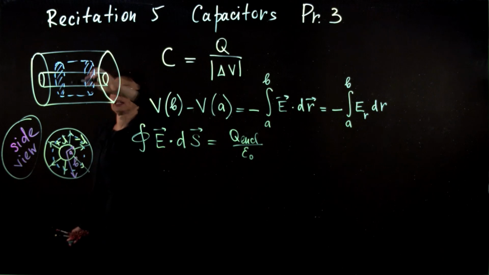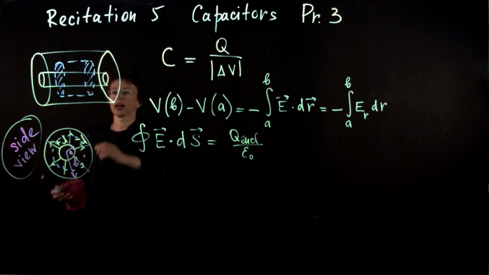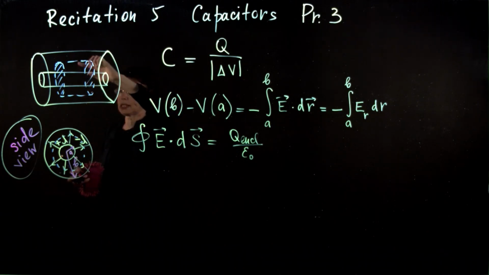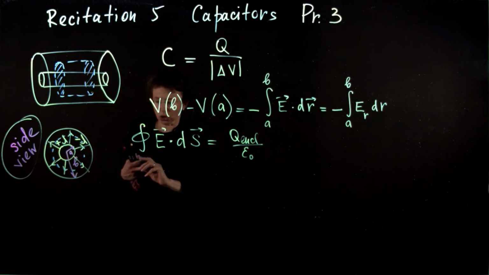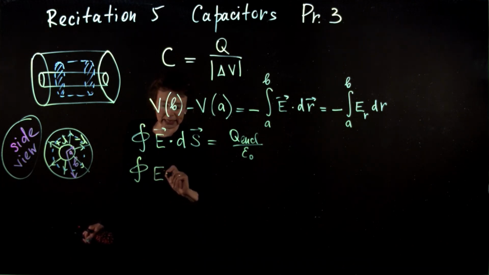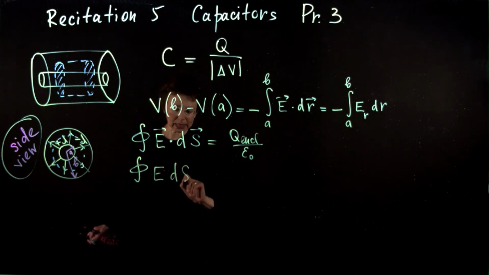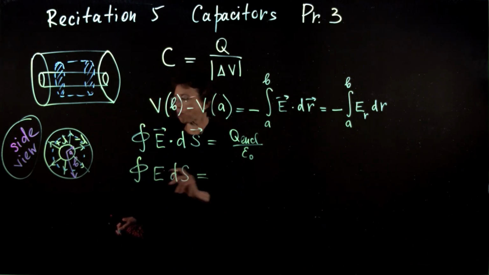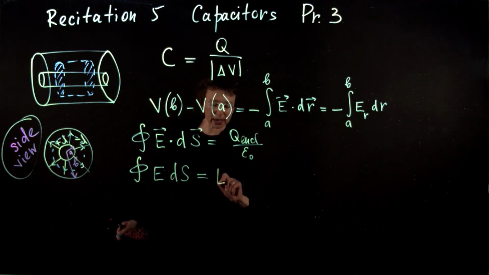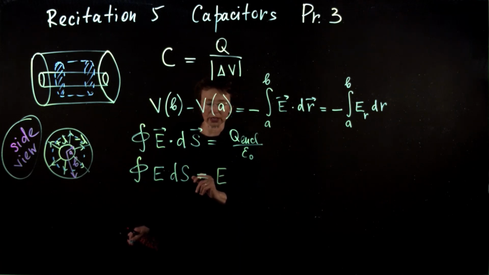What is left is this side surface of the cylinder. And the electric field at each point of this side surface is parallel to dS. So my dot product is just the product E times dS. From symmetry, I understand that the electric field is the same at each point of this side surface.